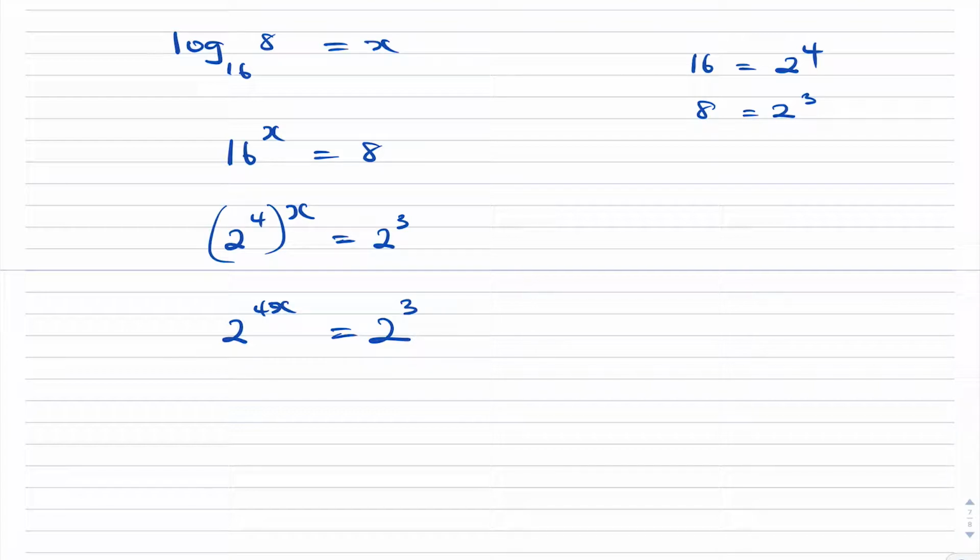In this case, they both have the same base and are equal to each other, so the powers will be equal. Therefore 4x equals 3, because the bases are equal. And therefore x equals 3 over 4. So that's the solution in that case, x equals 3 over 4.